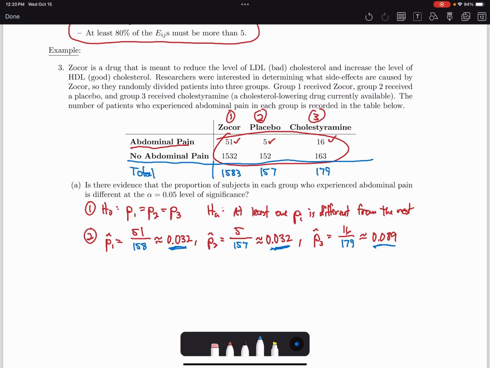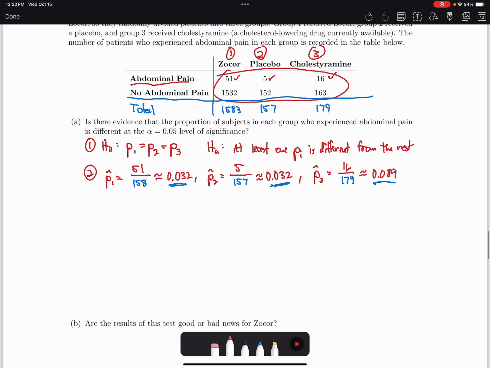Okay, now is that a statistically significant difference? Well, there's only one way to know, right? And that's to go ahead and run the test. So we're going to go to the chi-square test. And this time we're not going to run a goodness of fit.